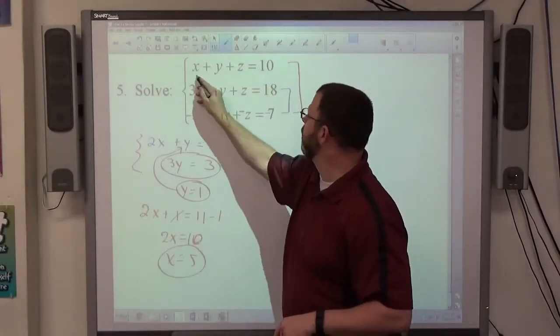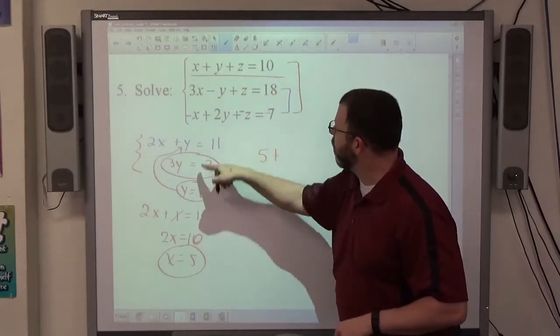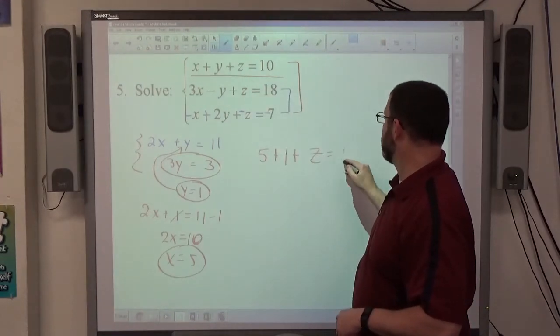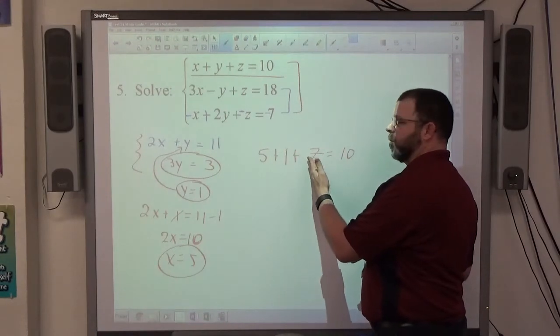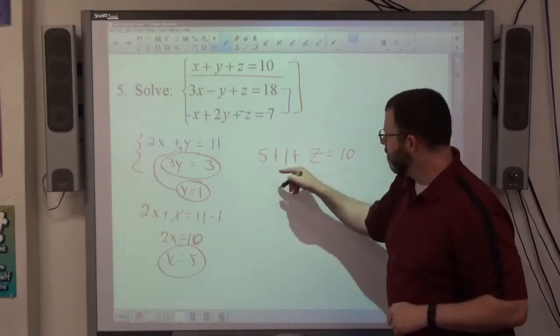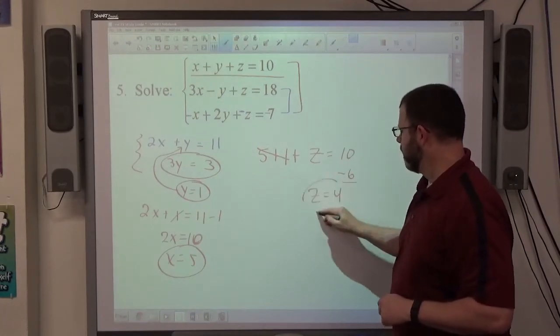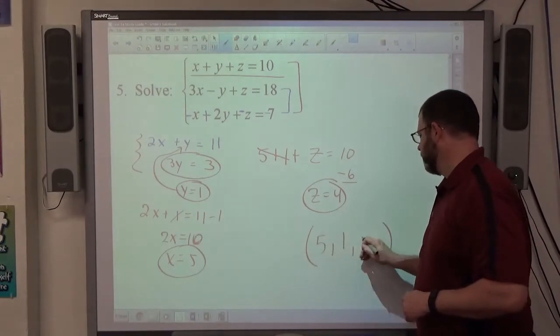I'm going to the top equation here. X equals 5 plus y equals 1 plus z equals something I don't know yet is equal to 10. So the top equation, x and y get replaced, z doesn't because we don't know it yet, equals 10. 5 plus 1 is 6, so z is equal to 4. Once we know all three answers, we put x first, y second, z last.